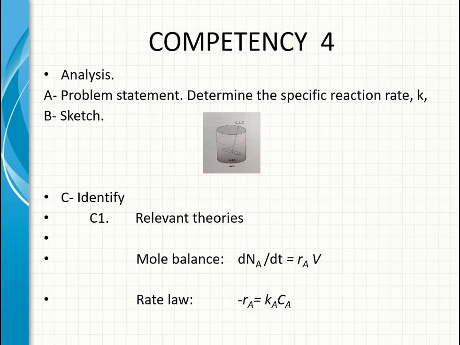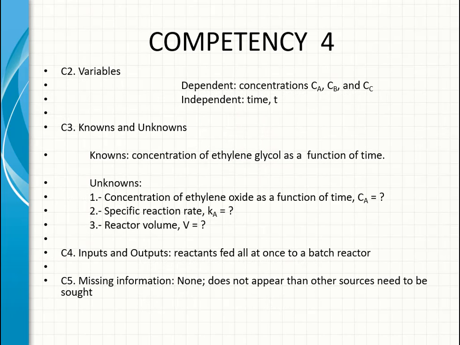Mole balance for the batch reactor: dNA divided by dt equals rA times V. And the rate law: minus rA equals kA times CA to the first power, because the reaction is first order. The variables: dependent, the concentrations CA, CB, and CC; independent, time.